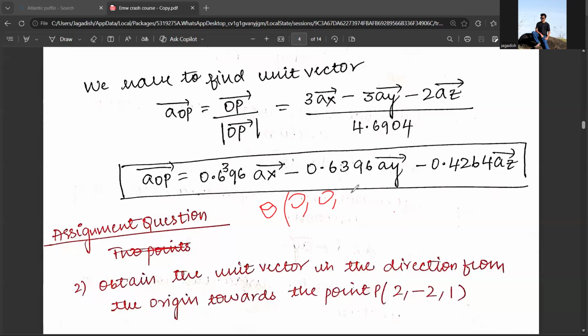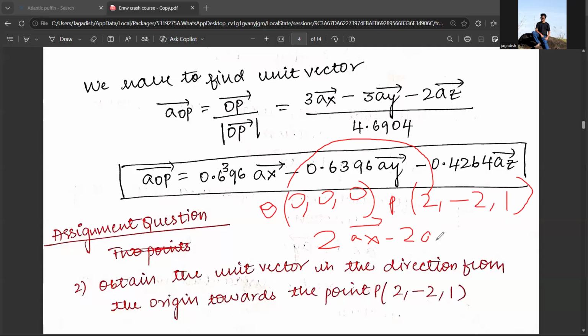And for P, it will be 2 minus 0 AX, minus 2 minus 0 AY, and 1 minus 0 AZ. I told you, you have to do tail minus head. So 2 minus 0 is 2AX. So 2AX minus 2AY plus 1AZ.